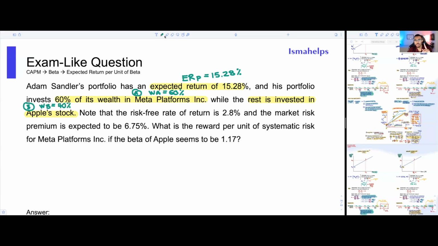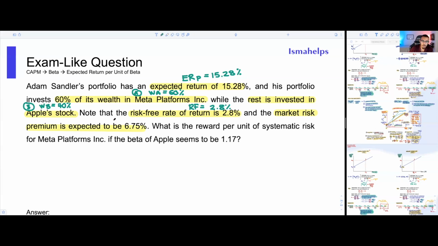Now, we're also letting you know that the risk-free rate of return is equal to 2.8%. So RF is equal to 2.8%. That's awesome stuff. And the market risk premium is equal to, I mean, wow, I'm lost, 6.75%, my bad.